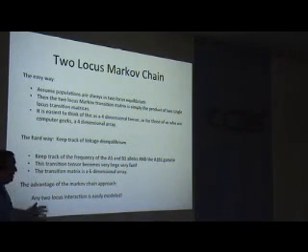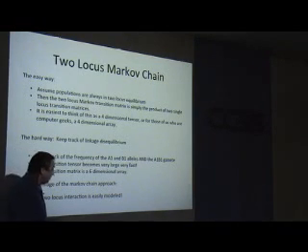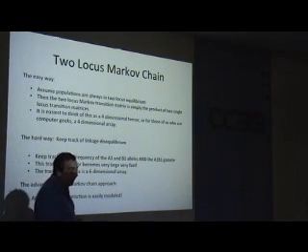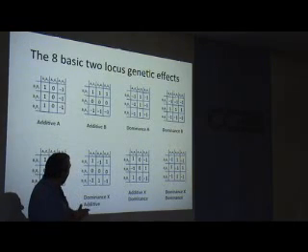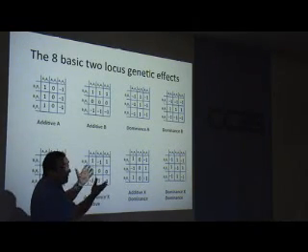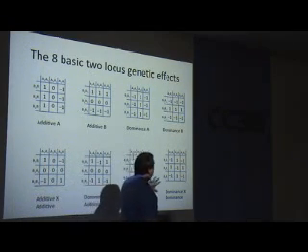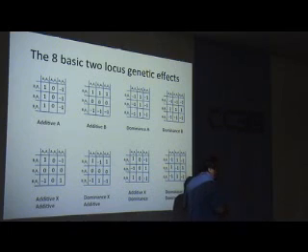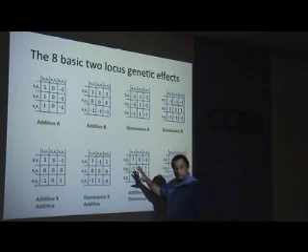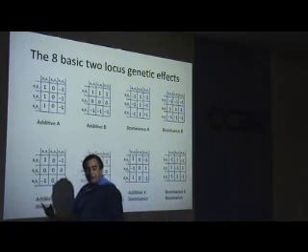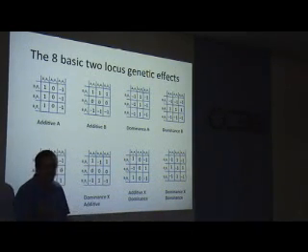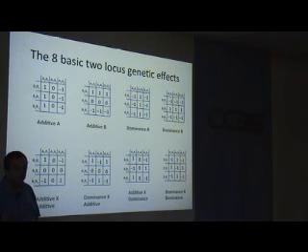Anyway, the beauty of the Markov chain approach is that any two-locus interaction is very easily modeled. For example, it turns out that there are 9 different cells here, right? And if there are 9 different cells, then we can extract the mean, and that leaves us with 8 degrees of freedom.